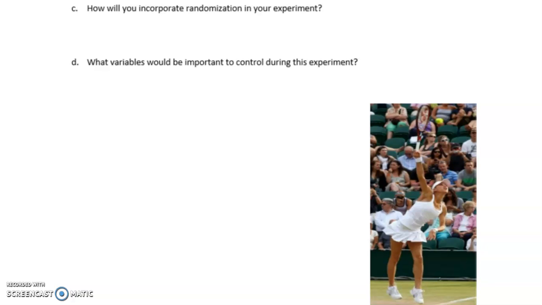How will you incorporate randomization? So we will randomize the order that she serves the balls. What variables would be important to control?